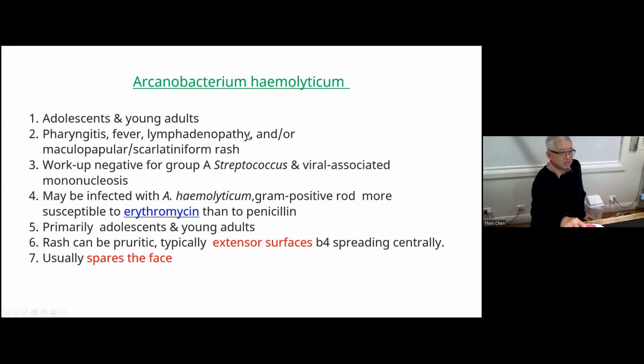So they have fever, lymph nodes, they get a rash, and you try to culture, they don't show anything. But this is something new, so they are susceptible to erythromycin. And the rash can be itchy as well on extensors, and especially spares the face. So there's something new for you to think about in Arcanobacterium haemolyticum.